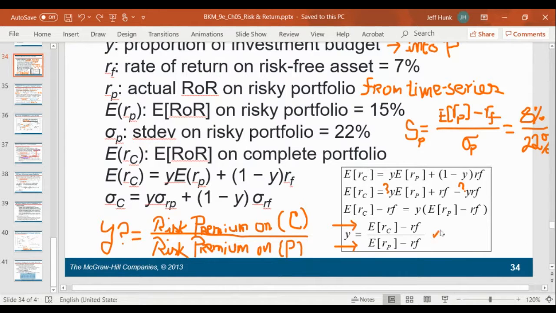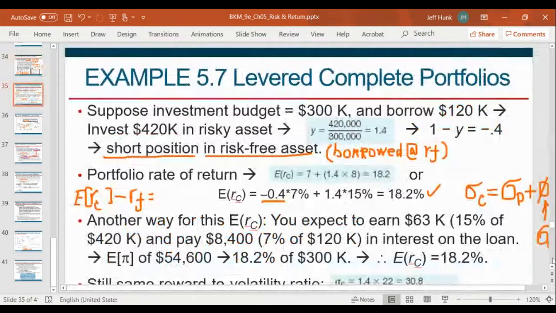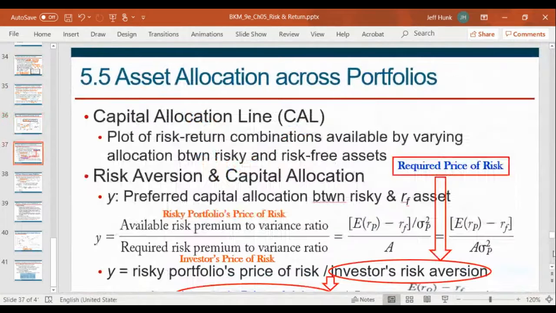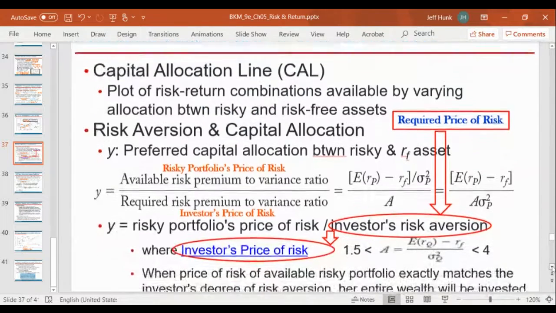So we came to this. Actually, this formula is purely from the return, and it is not considering the risk. So we need to rewrite that equation, including the risk.